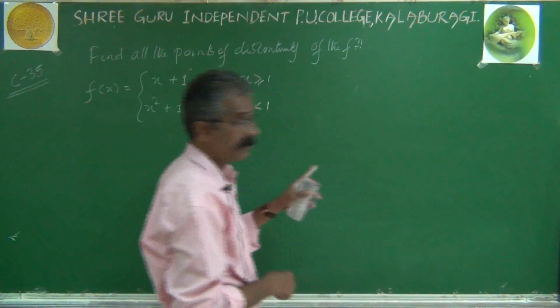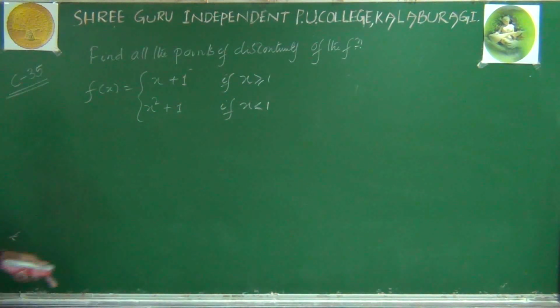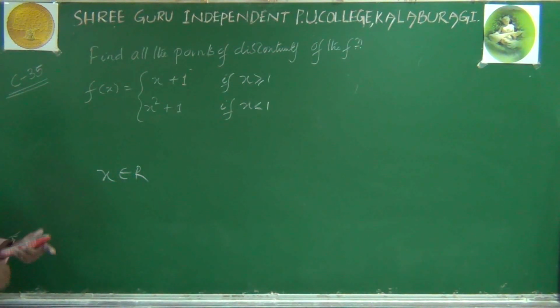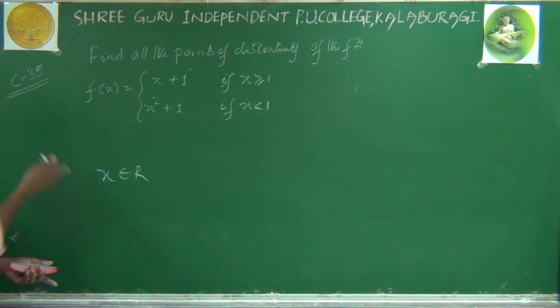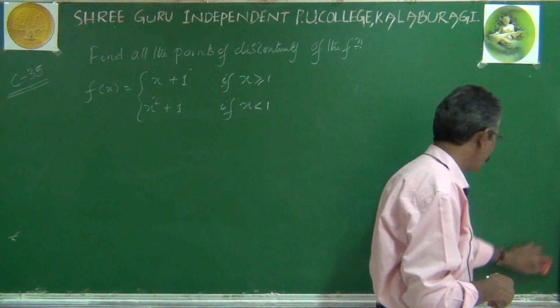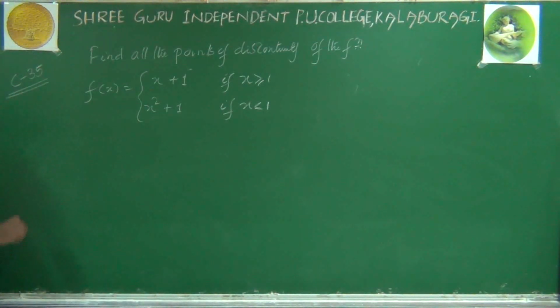But here the question is to find all the points of discontinuity, for all the real values of x, and there are infinite real values of x. It is impossible to take all the real numbers. That's why we have this kind of generalization method for this type of problems. You write the solution. Case 1.